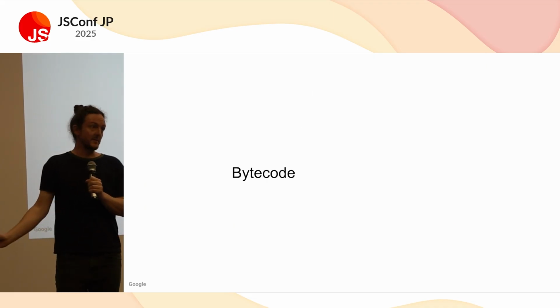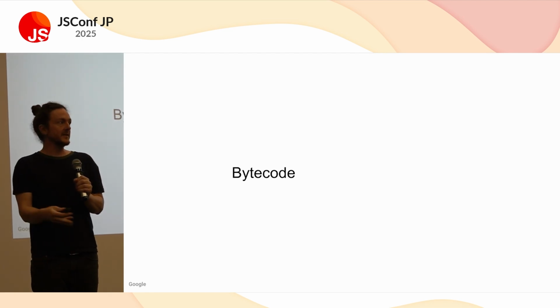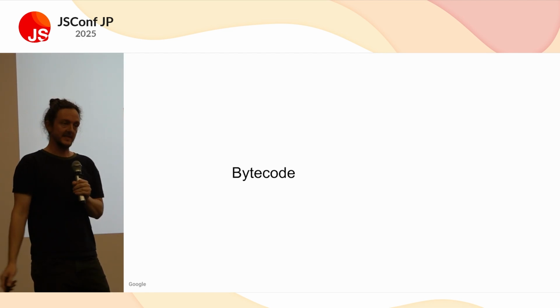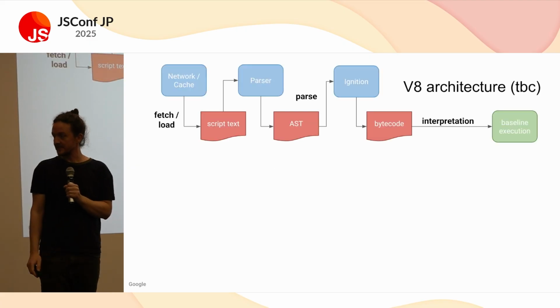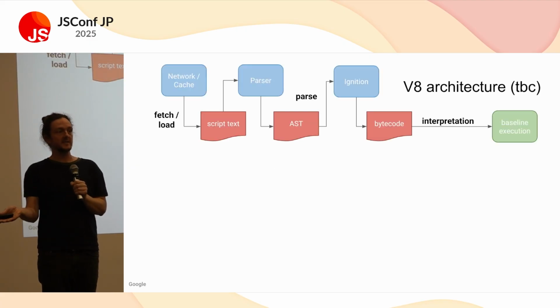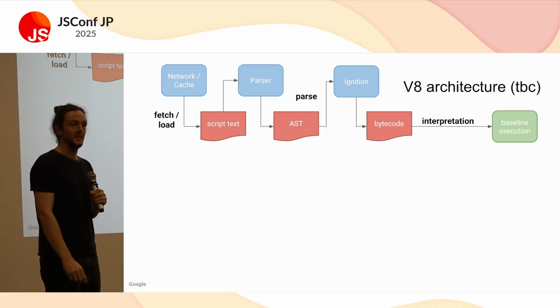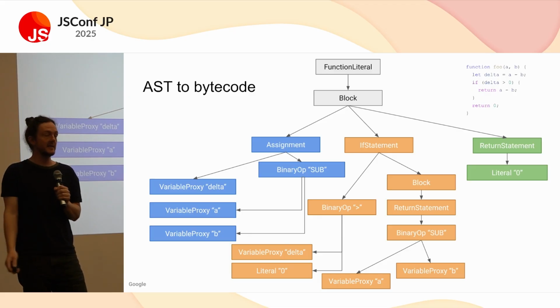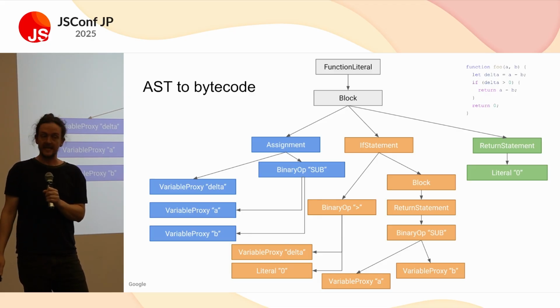So the next thing we need to do with this AST is to turn it into bytecode, which is essentially a dense format of this AST. This is the first step, and this will bring us to the first executable format that we have in the pipeline. So the bytecode is just a compression of this AST in that sense.